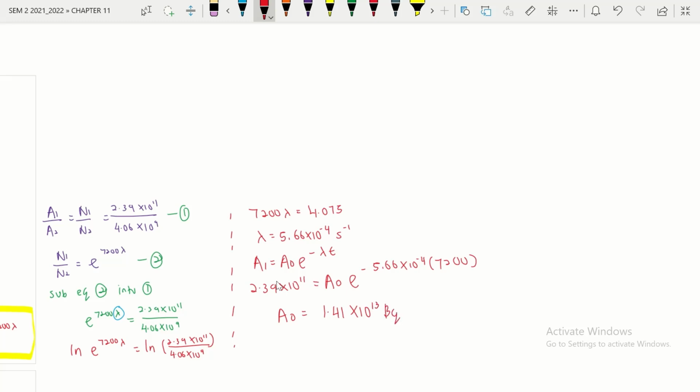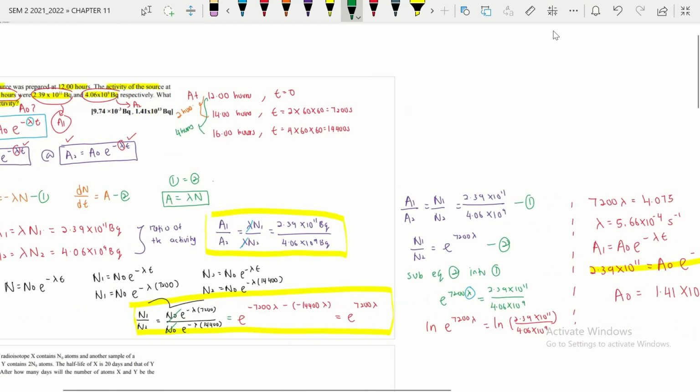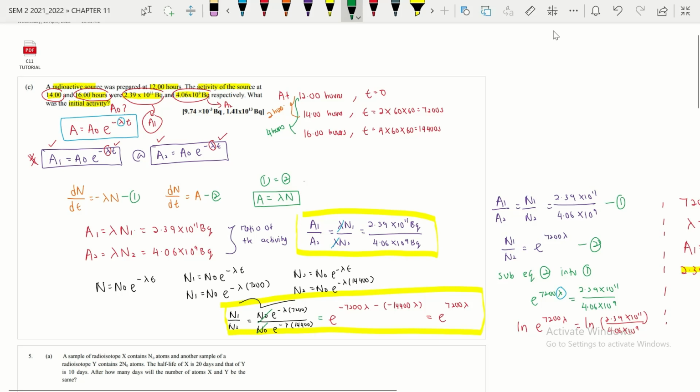Miss won't show the mathematics for this part, you can just press the calculator and I think you will get it. So this is the final answer. That's all for 4C, and it's a lot of mathematics. The concept is quite easy to understand, but you all need to try to understand it more.